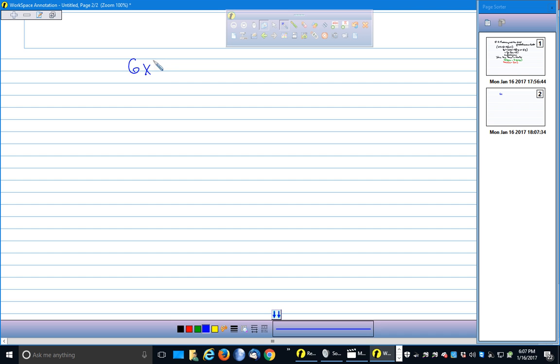6x squared y cubed plus 20x cubed y to the 8th minus 4x to the 5th y squared. I guess this board does the same silly thing as my other one at school.